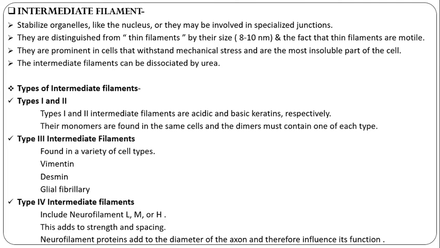Type third intermediate filaments are found in a variety of cell types: vimentin, desmin, glial fibrillary. And type fourth intermediate filaments include neurofilaments, L that is low, M that is medium, and H that is the high neurofilaments.